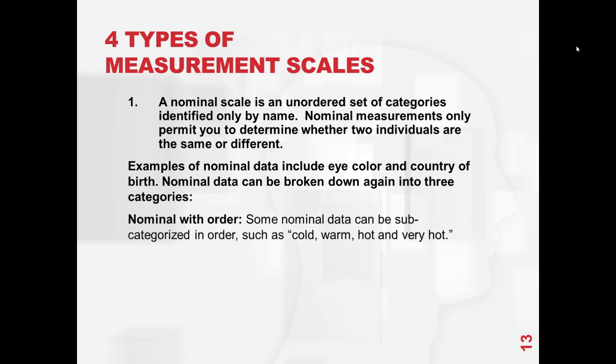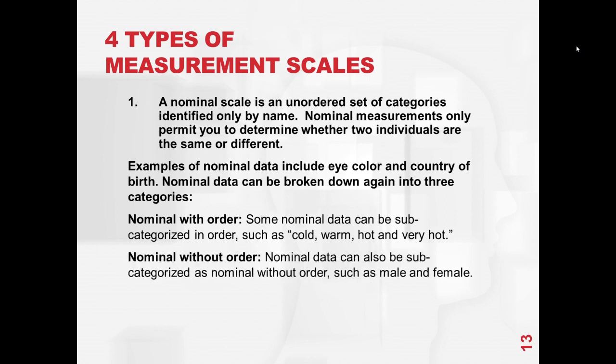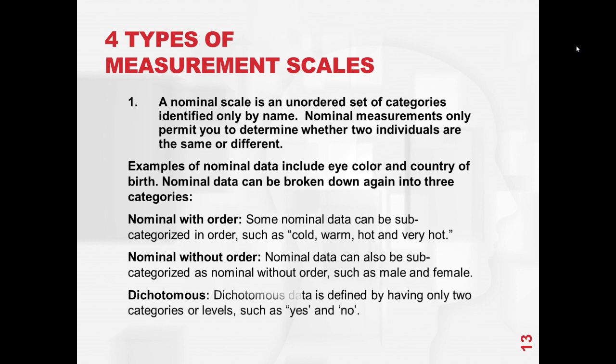Nominal with order: some nominal data can be subcategorized in orders such as cold, warm, hot, and very hot. Nominal without order: such as male and female. Dichotomous: dichotomous data is defined by having only 2 categories or levels, such as yes or no.